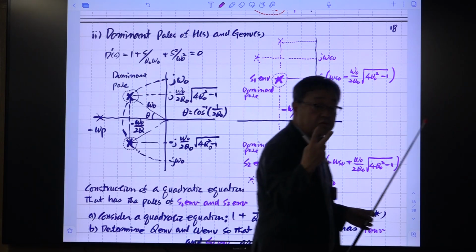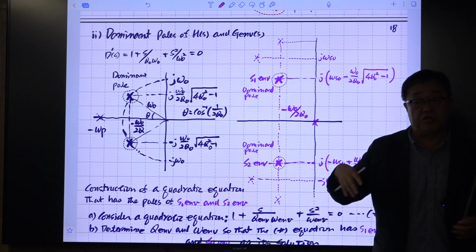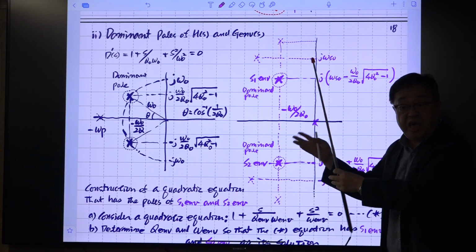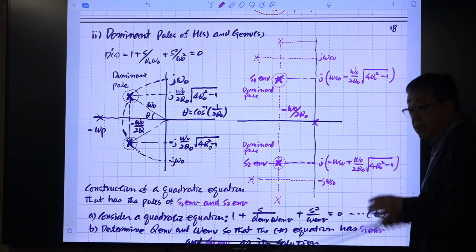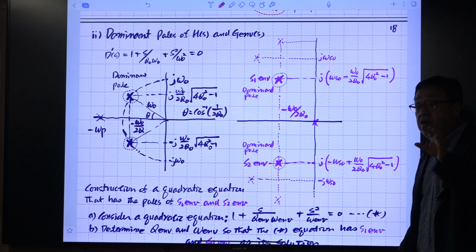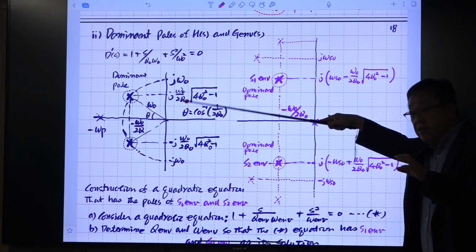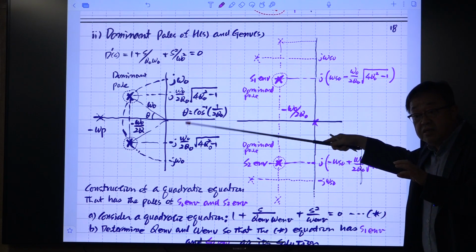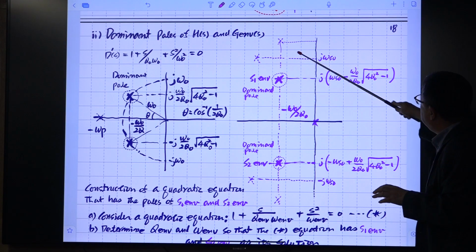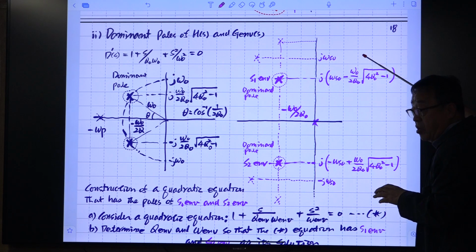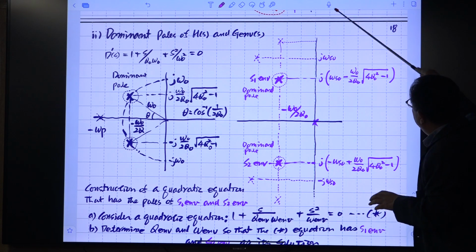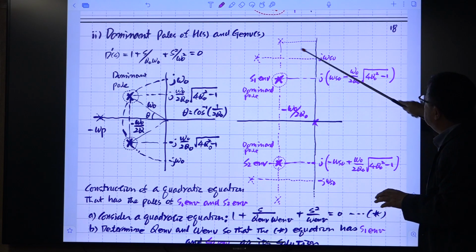So you only consider 2 dominant poles in the denominator of the envelope transfer function. Then this will predict the dynamics of the envelope sinusoid. So this will predict the frequency of the envelope sinusoid. If it has some oscillation like this, it will predict the oscillation.